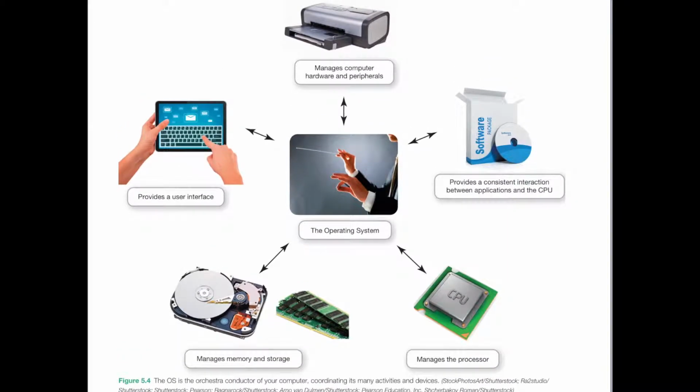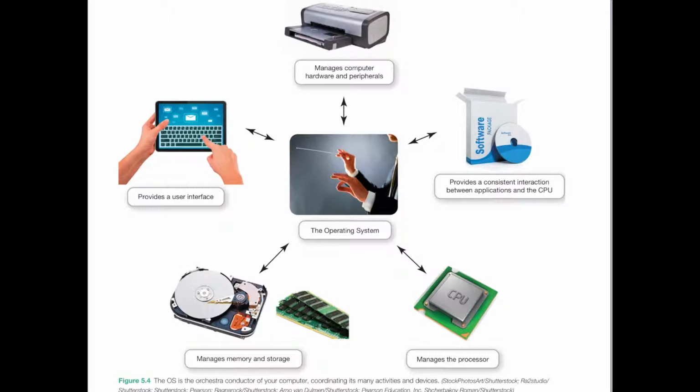Really the operating system is something that you don't touch. We'll talk about system software, which makes it feel like you touch the operating system. But at its very core, the OS, that's the operating system, does not need you in any way, shape, or form to exist. The operating system is right here in the middle, and it manages all of the disparate components that a computer needs for you to be able to interact with it.